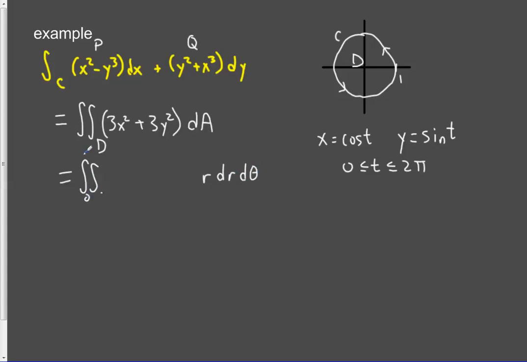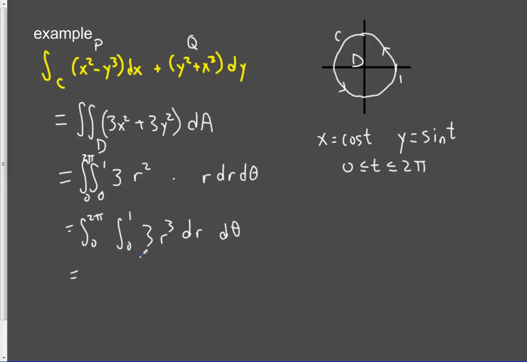Our theta goes from 0 to 2 pi, so we have a full circle. Our r goes from 0 to 1 because it was a radius 1 circle. And then we just have to convert what's inside here into polar coordinates. But this again is going to help us because we can factor out a 3 first of all. And then what's left is x squared plus y squared, which in polar coordinates is r squared. And so in the end we have the integral from 0 to 2 pi, 0 to 1, of 3r cubed dr d theta.